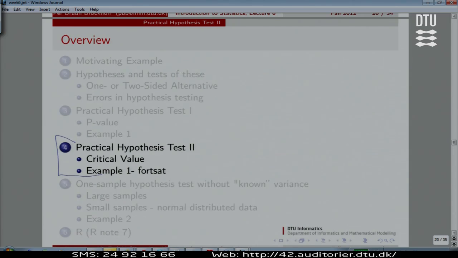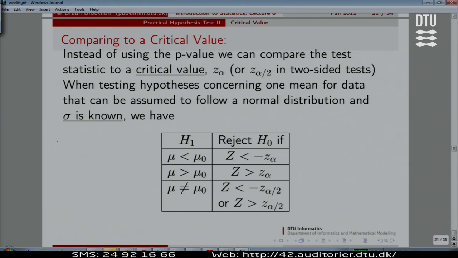What I'm jumping into now is part 4, where we finish off the hypothesis test by finding the critical value. Here we have to keep our tongue straight in our mouth. It depends on the situation how we claim what is acceptable and what is rejectable, what is critical.